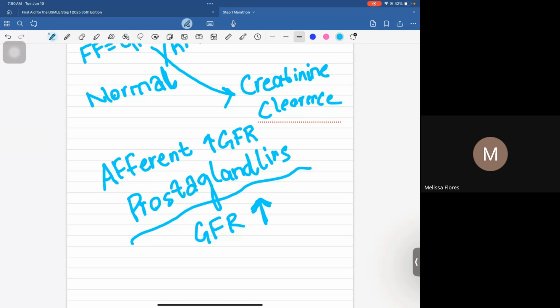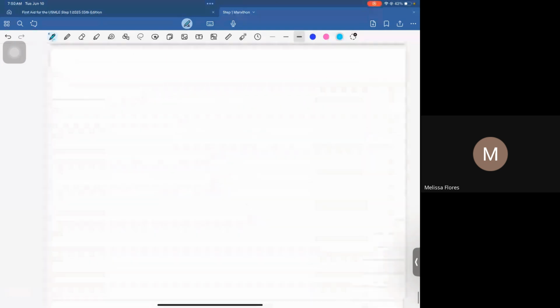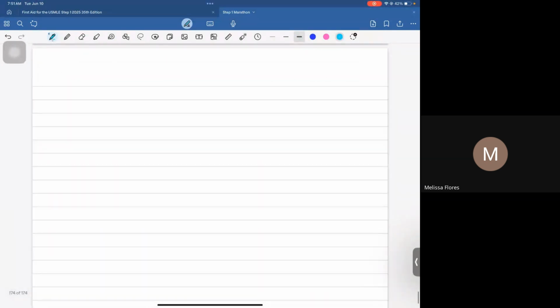This is important whenever we take a lot of NSAIDs, because NSAIDs block the production of prostaglandins, and that is going to decrease the GFR.